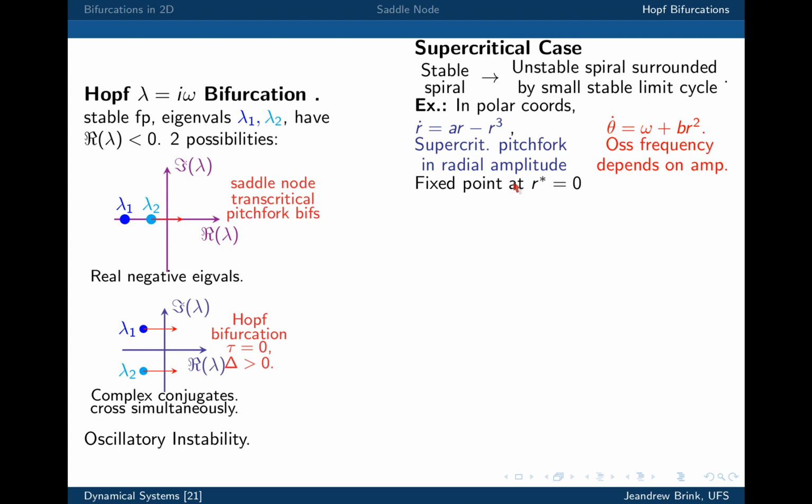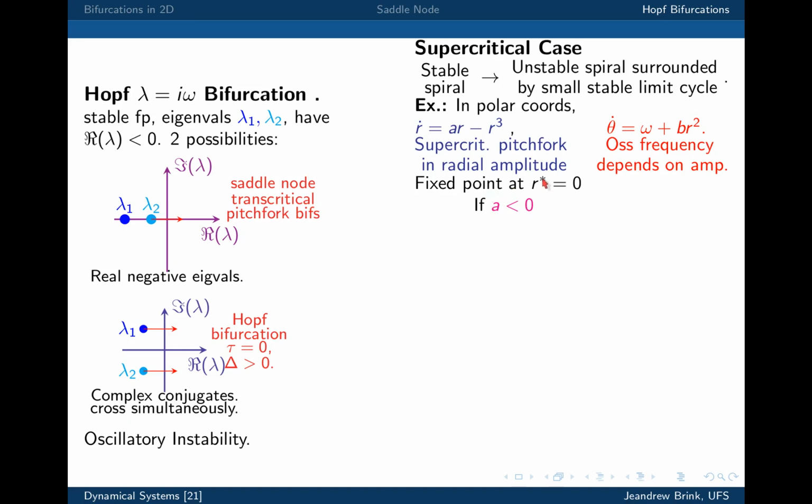Okay, so the first thing is fixed points. The fixed points you get from this thing, it's just a radius. If r star is equal to 0, you obviously have a fixed point. And in the fixed point, you can get its stability for the radial coordinates simply by doing the analysis or simply by looking at the picture.